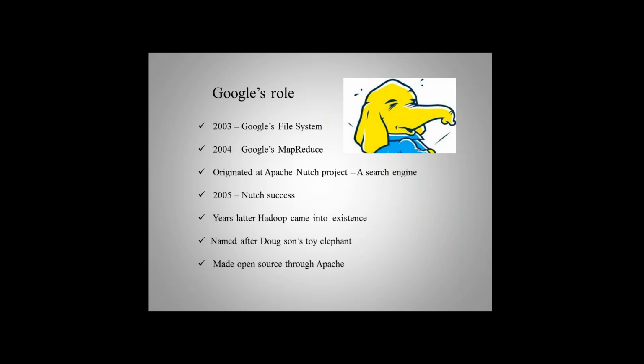Perhaps it was a $1 million question to the industry to understand how Google was able to manage all its data sets. But of course, Google never revealed its secret.